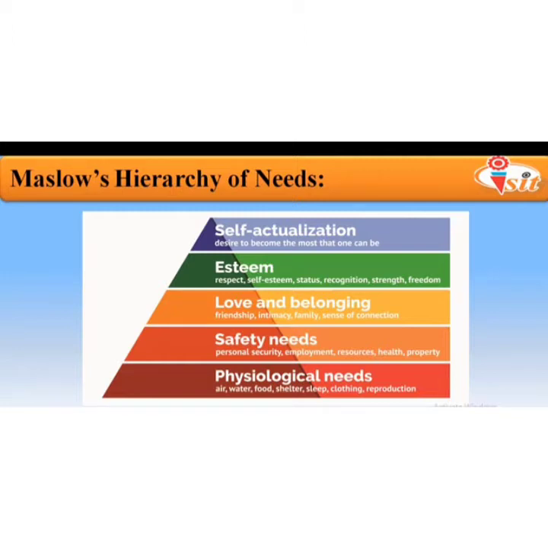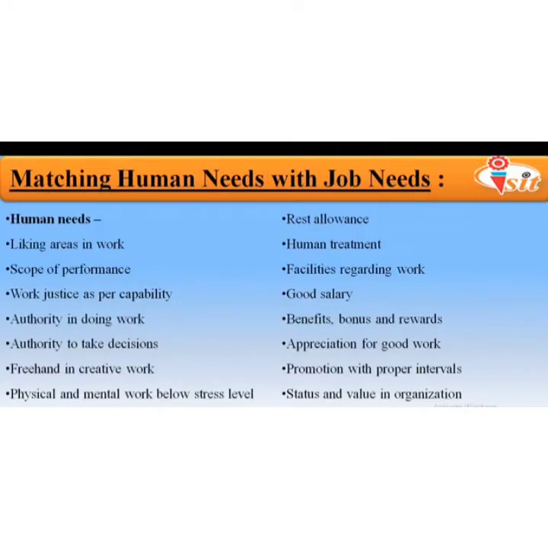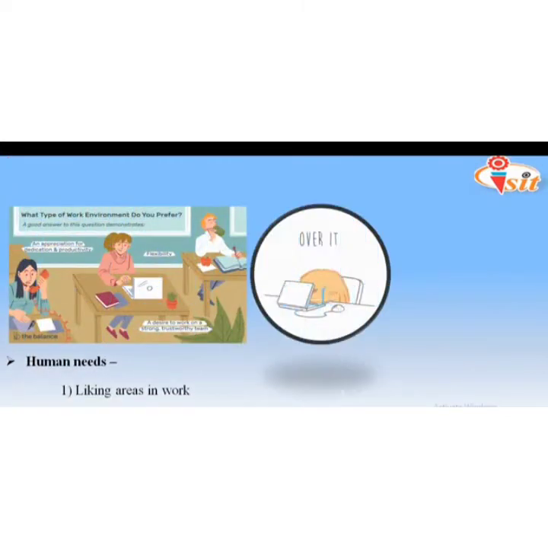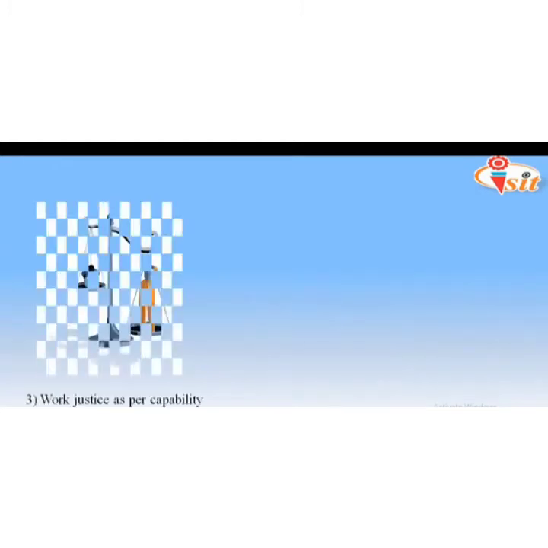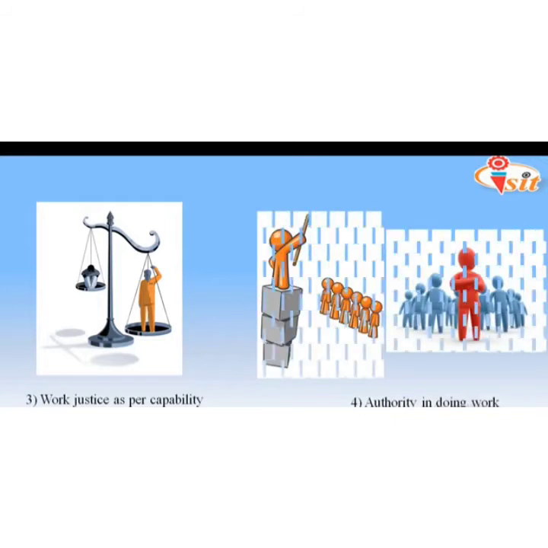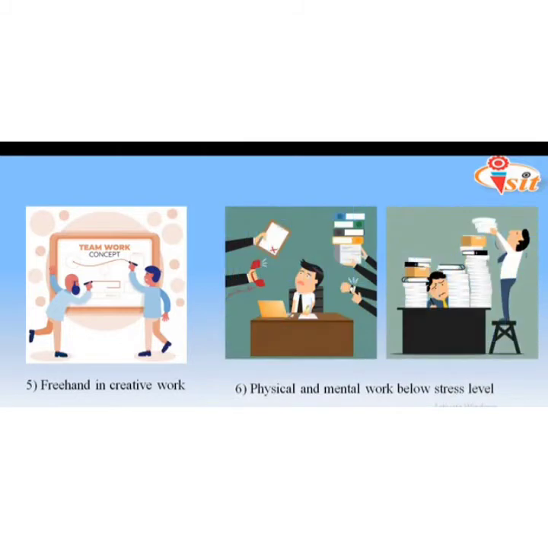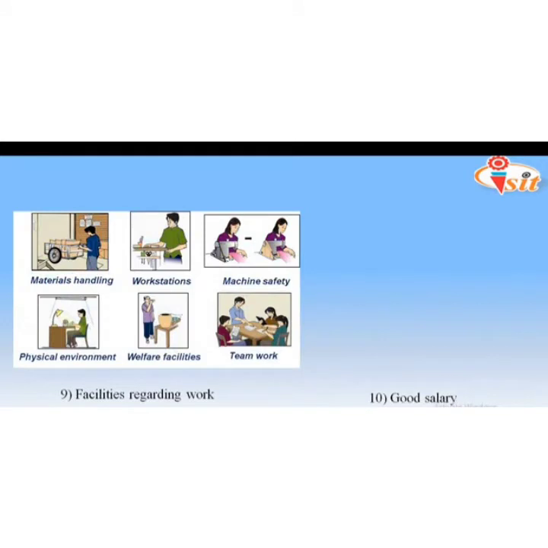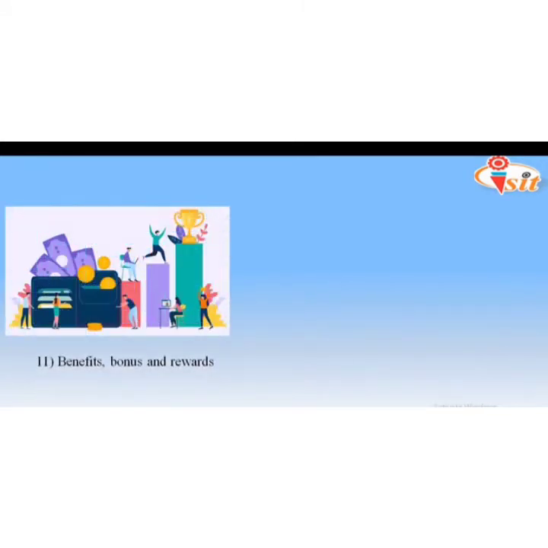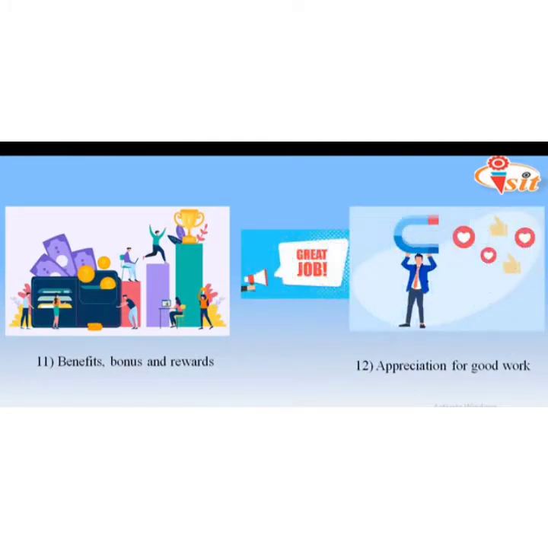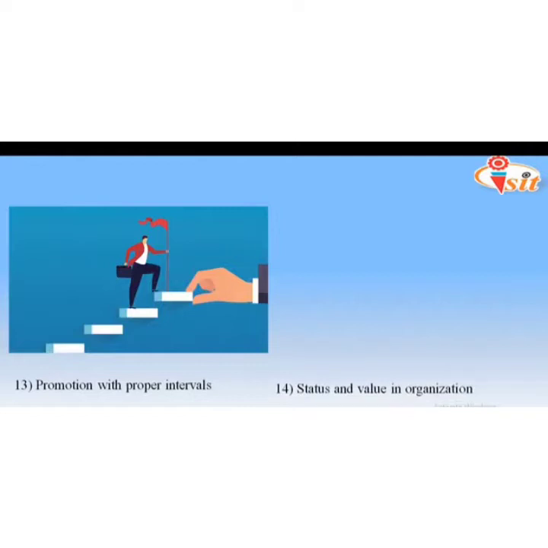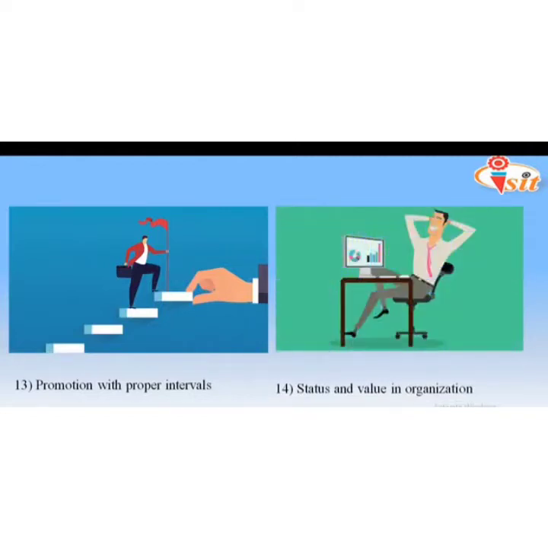After this, we saw a list of human needs. In that we saw first the liking areas in work, then scope of work, then work justice as per the capability of the worker or employee, authority in doing work, free hand in creative work, physical and mental work that should be below the stress level, then rest allowance, human treatment, the facilities regarding work, good salary, benefits, bonus and rewards, appreciation for good work, promotion with proper intervals, and finally status and value in the organization.